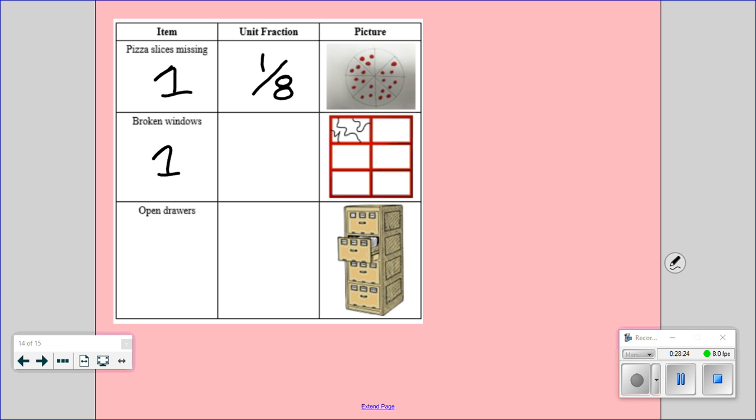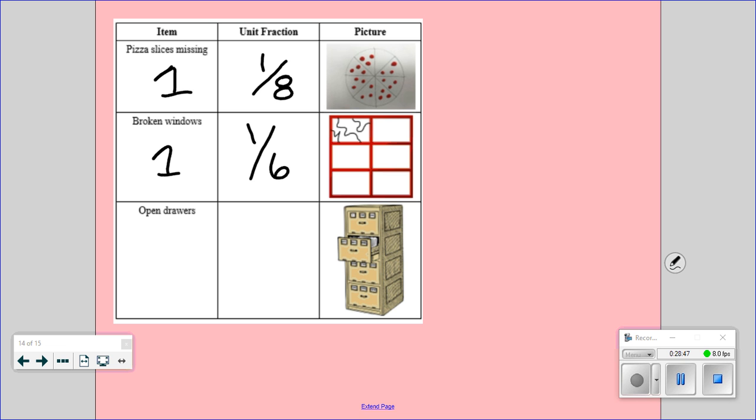What would be that section? Nope. What would be the fraction of the whole set? Jackson? 1/6. Very good. Because I had 6 total pieces, and then one of them was broken.